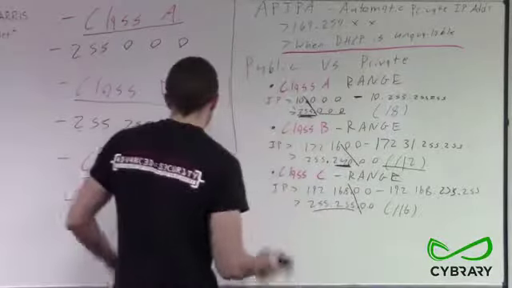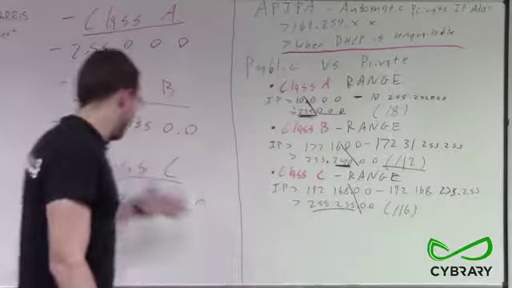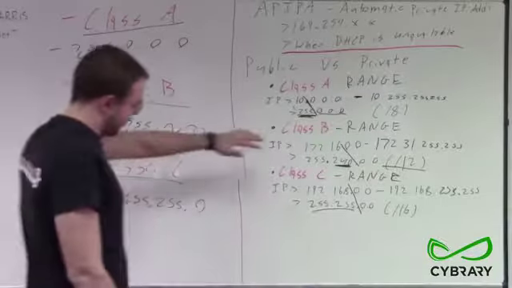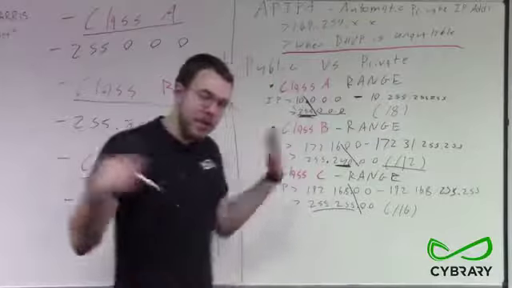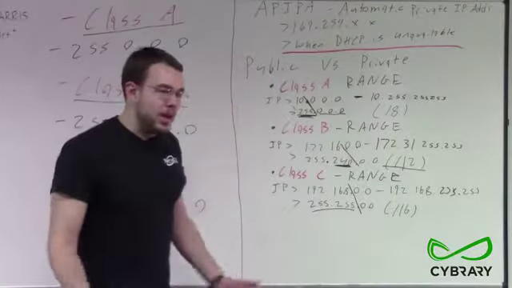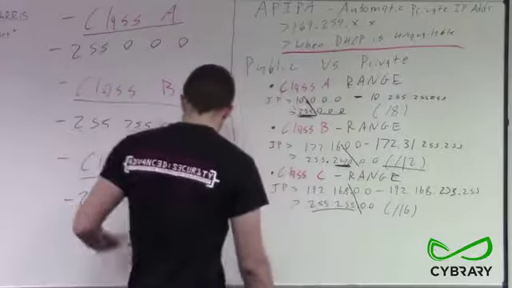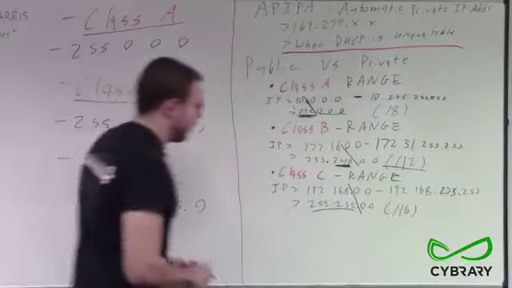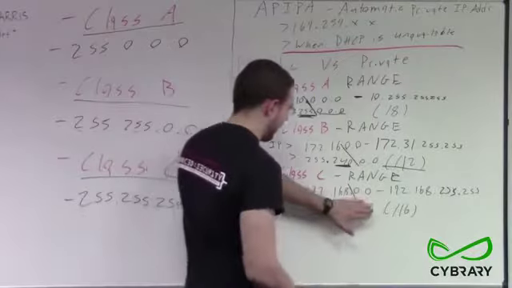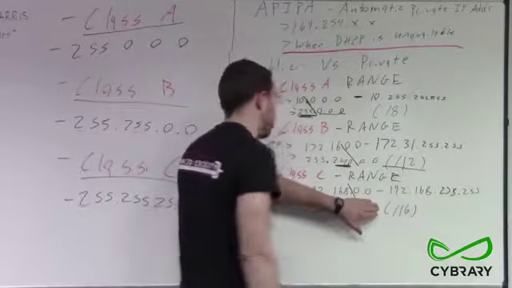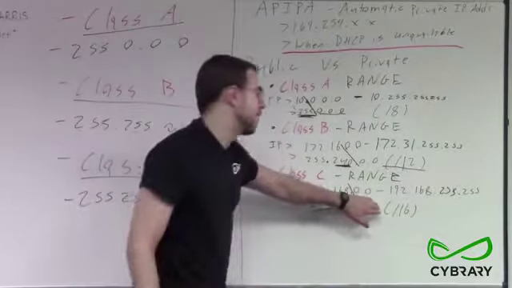Now, we say again, well, why didn't we just take this and just steal the number of addresses here? Wouldn't it be easier to remember? Well, maybe, but then if we only stole the addresses using this mask, then we wouldn't have 192.168.0.0 through 192.168.255.255 to use.